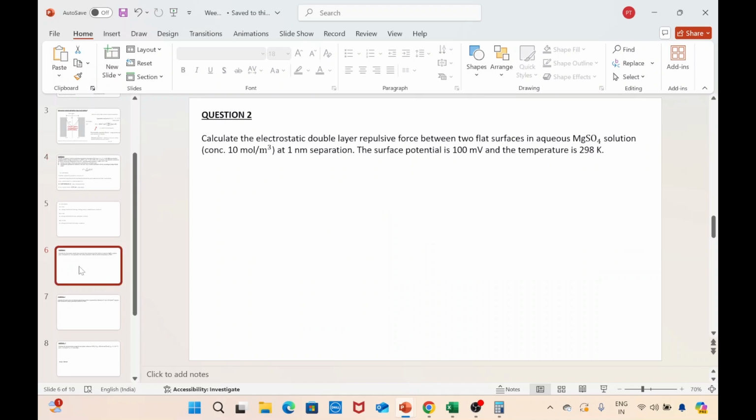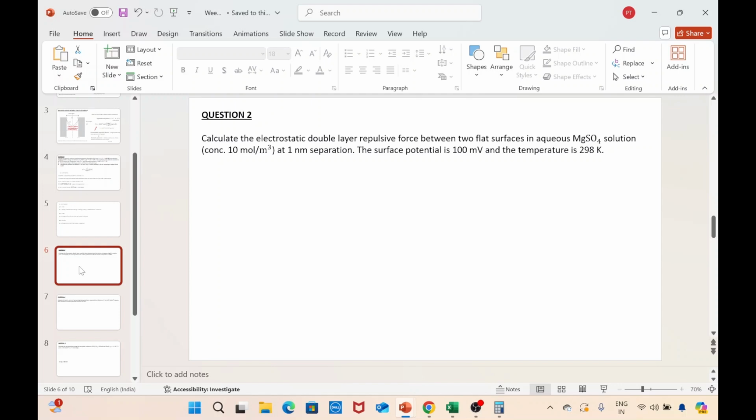So the next question is, they are asking us to calculate the electrostatic double layer repulsive forces between flat surfaces in aqueous magnesium sulfate solution. Concentration is given as 10 mole per meter cube and separation is given as 1 nanometer. The surface potential is given as 100 millivolt and the temperature is 298 Kelvin.